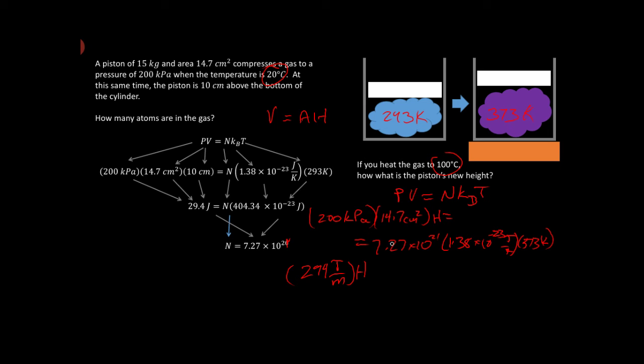Then we have all this other stuff. So we have 7.27 times 10 to the 21st and 1.38 times 10 to the minus 23.